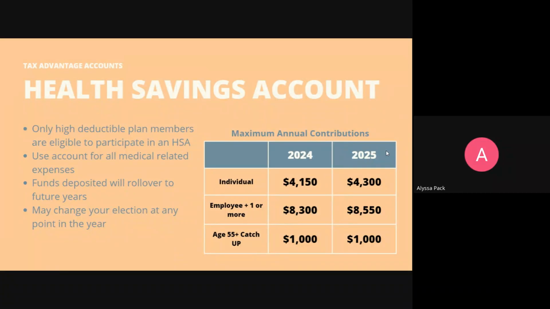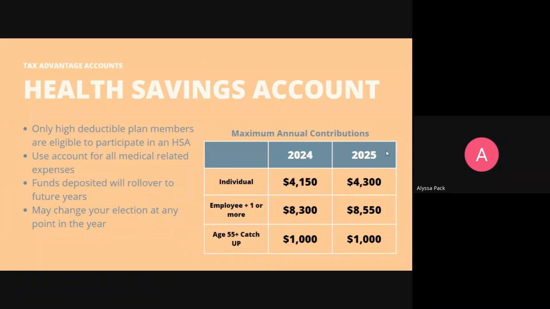You can also change your election at any point throughout the year. So contact me if you do want to do that. You, as the employee, are 100% responsible for keeping track of your annual deductions and ensuring that you do not go over the IRS limits here on the right. Individual is the maximum amount for individuals filing single or married filing separately.